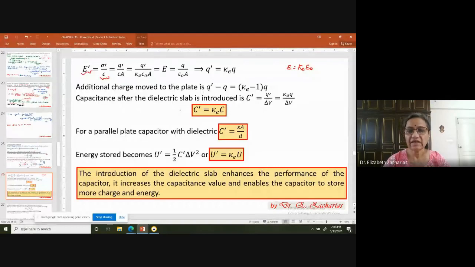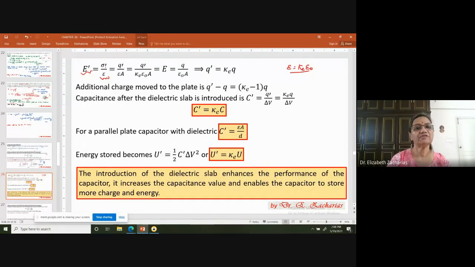Epsilon is the electrical constant including the medium. Now it is not free space. You have a dielectric. Therefore, it is not epsilon naught. Epsilon naught is for free space. But because it's a dielectric, you put epsilon, where epsilon is equal to kappa E into epsilon naught. Kappa E is the dielectric constant of the dielectric.